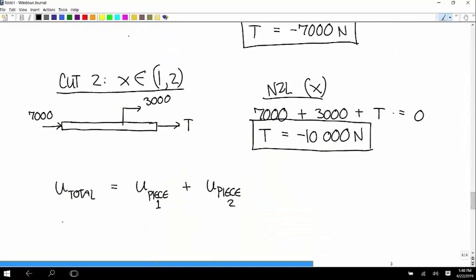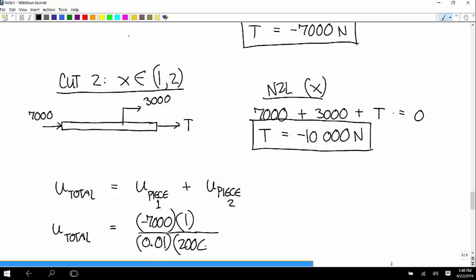And we get that the total elongation is equal to the internal tension on the first piece times the length of the first piece divided by the cross-sectional area and also divided by Young's modulus.